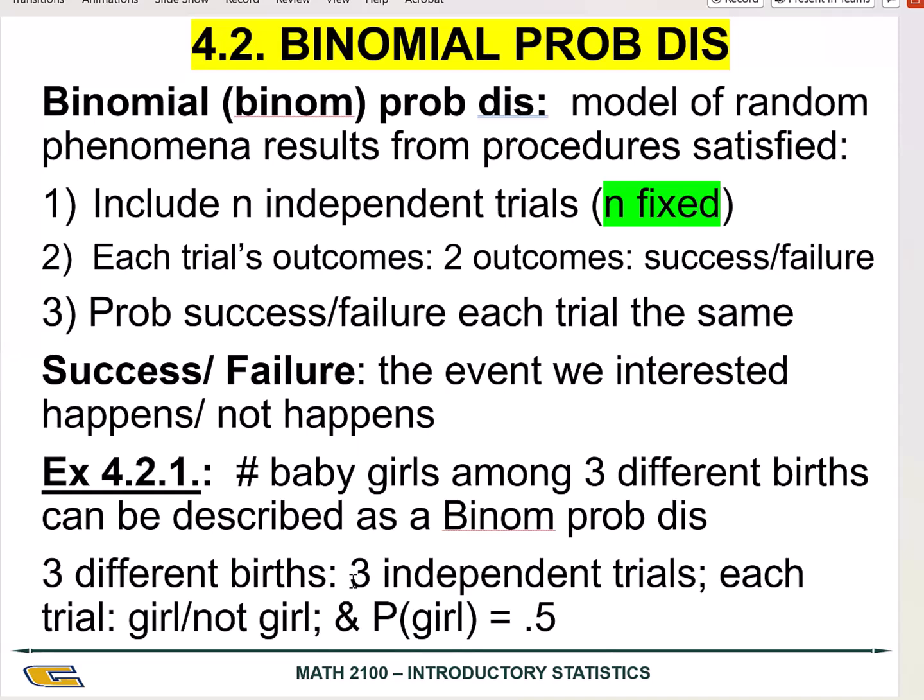So basically we have 3 independent trials, and 3 is a fixed number here. In each trial we have 2 outcomes, either girl or not girl. And for the last condition, the probability of success, where you get a girl, is 0.5, and failure, where you don't get a girl, is roughly speaking also 0.5. So this means the number of baby girls among 3 different births can be described by a binomial distribution.